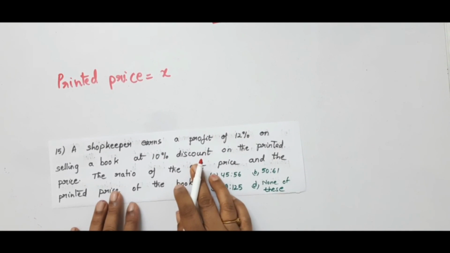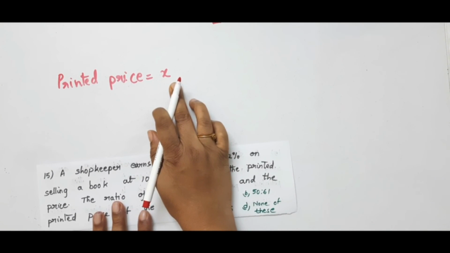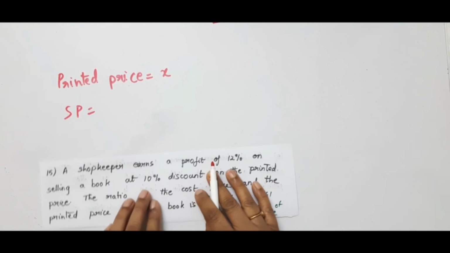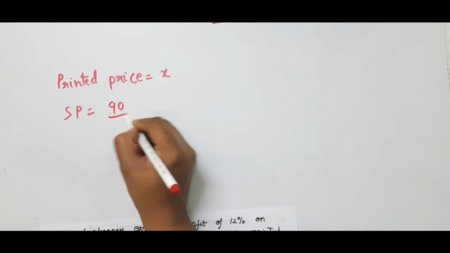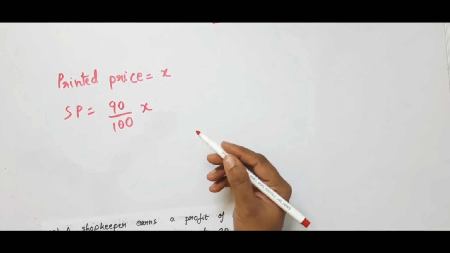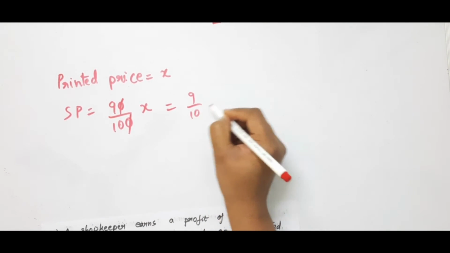Here we have a discount, so we can find the selling price. Selling price is equal to 100 minus 10, which is 90 by 100, into X, the printed price. 0, 0 cancels, so that is 9 by 10 into X.